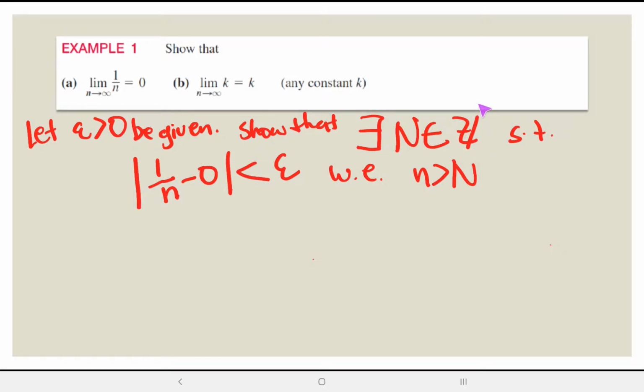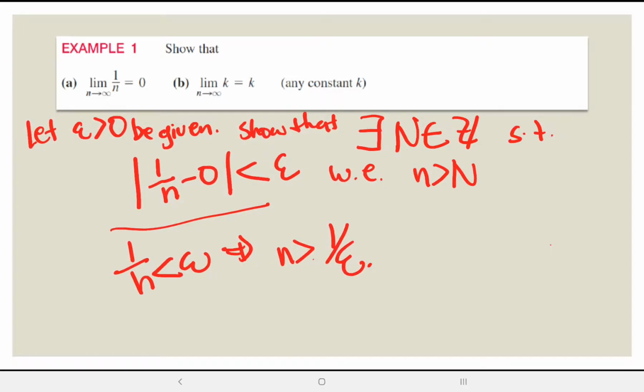Okay, so now we have the inequality. Taking a look at this inequality, this will only hold if 1 over n is less than epsilon, and this can be written as n greater than 1 over epsilon. Okay, so if N is any integer greater than 1 over epsilon, then the inequality will hold for all n greater than N.